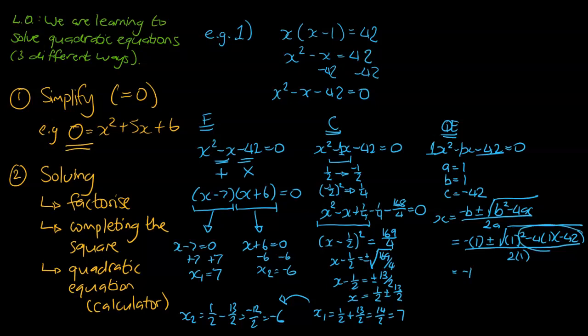All of this here is going to become positive 168. So that's going to be plus or minus the square root of 169 divided by 2. And that's going to be negative 1/2 plus or minus 13 over 2.